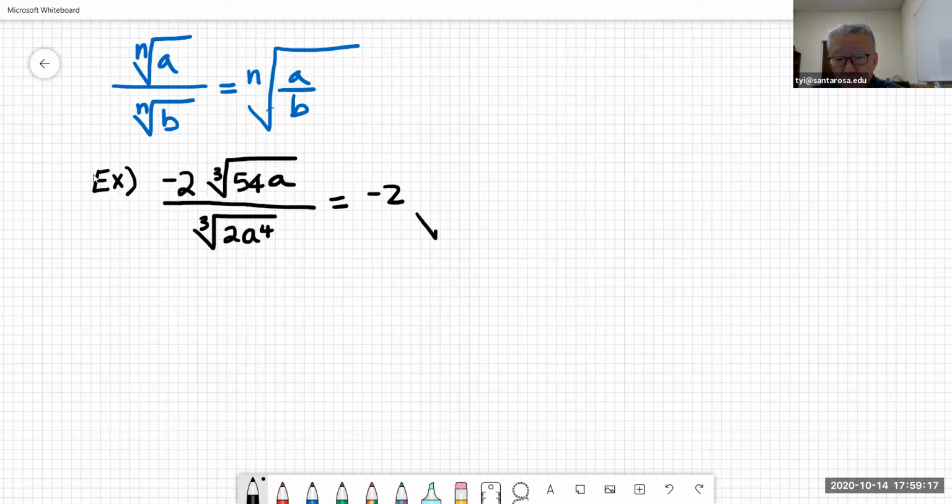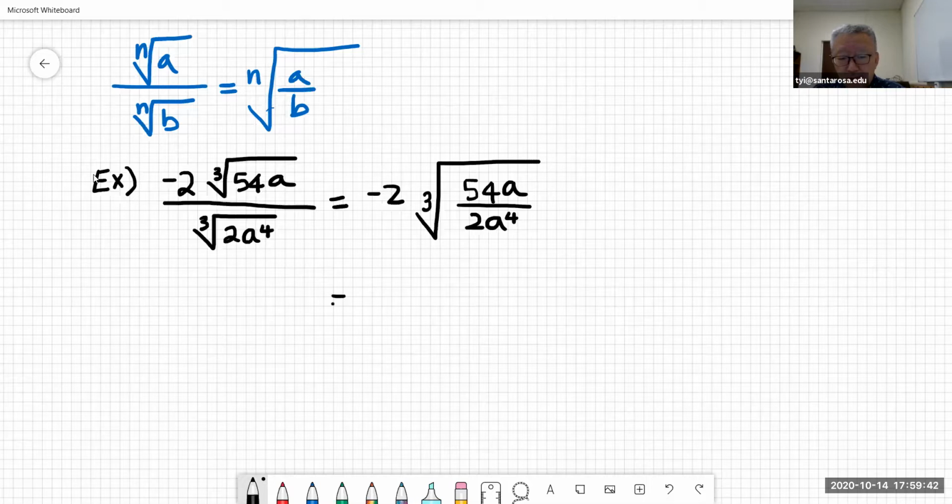So -2, you got cube root. I have 54a divided by 2a to the fourth. Okay, then use the laws of exponent. We can kind of simplify them.